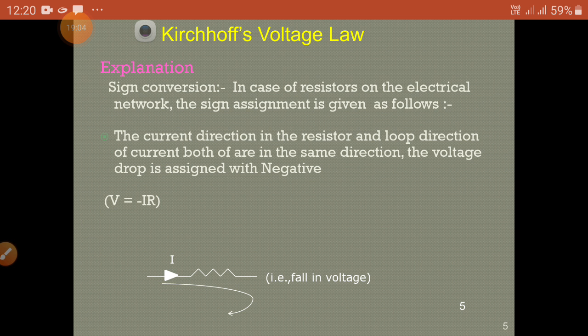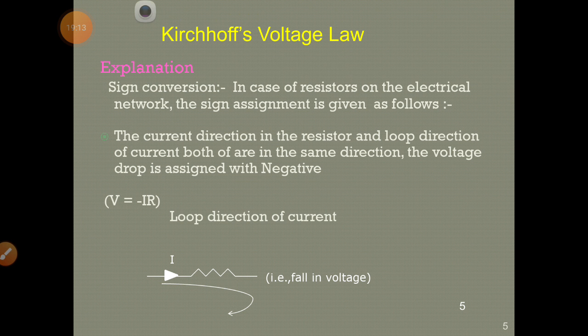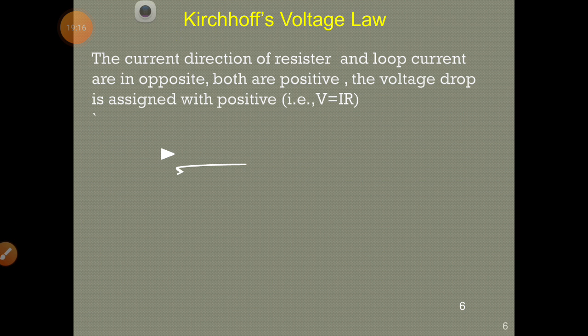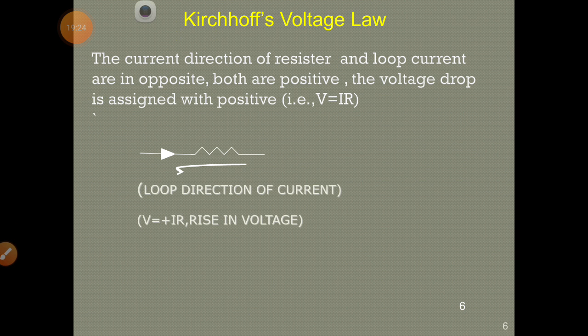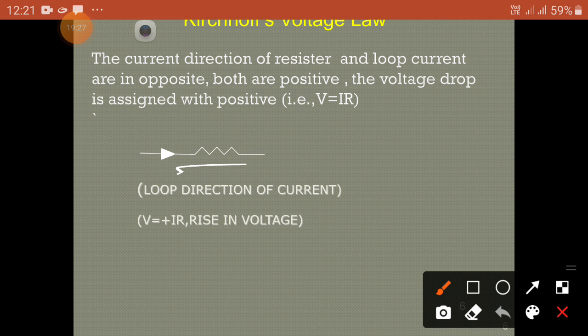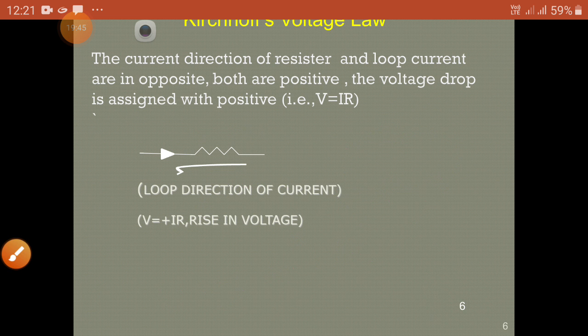So I take V equal to minus I into R. Now, when the current direction in the resistor and the loop current are in opposite directions, as we have already seen, the current is flowing in the resistor in this direction, but the loop direction is this direction, the anti-clockwise direction. You have to take the value: drop is equal to plus I into R, because of opposite directions.